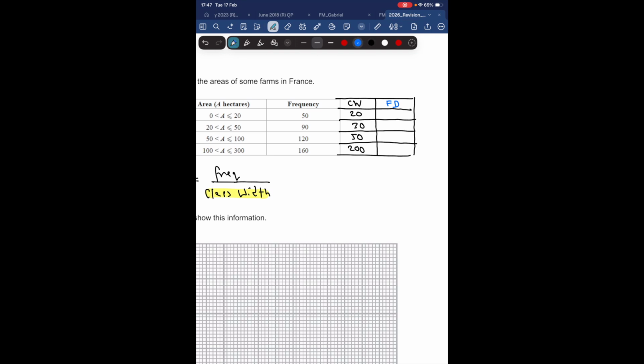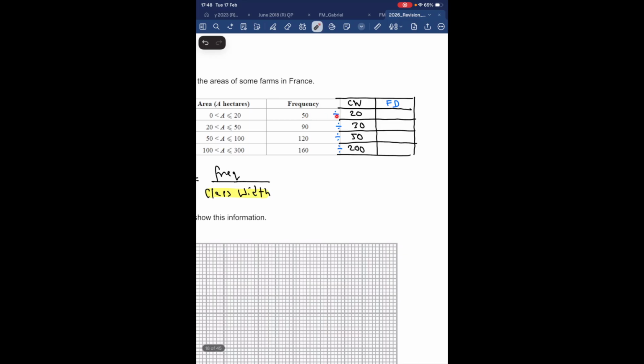And then I work out the frequency density by dividing the frequency by the class width. So in the first instance, 50 divided by 20 will give me the first frequency density, which is 2.5. The next calculation is 90 divided by 30, which is going to give me 3.